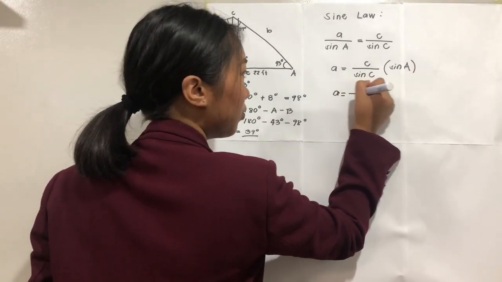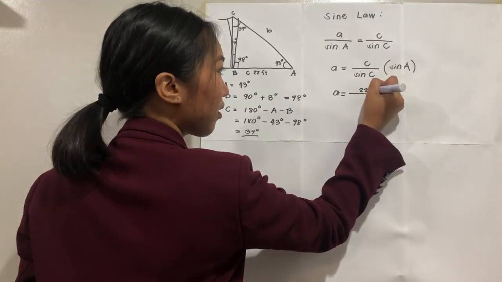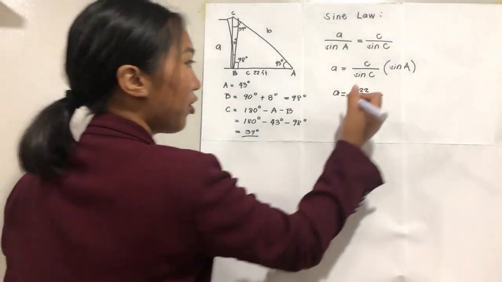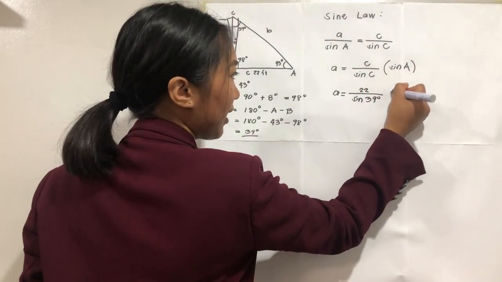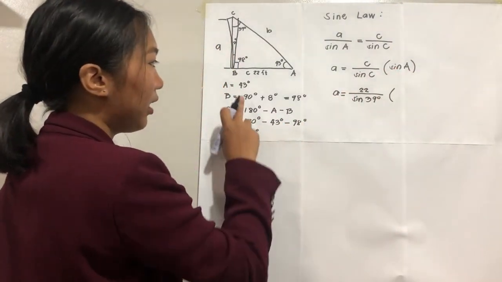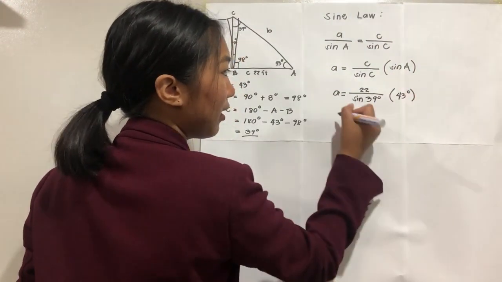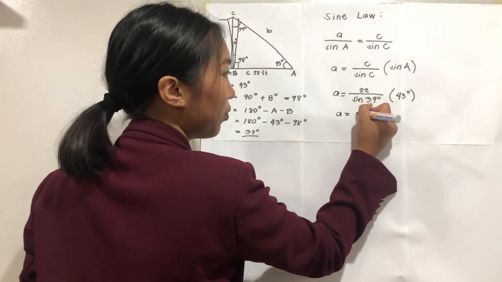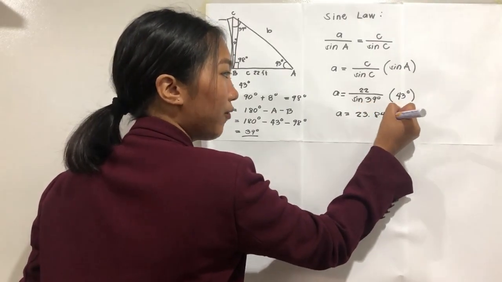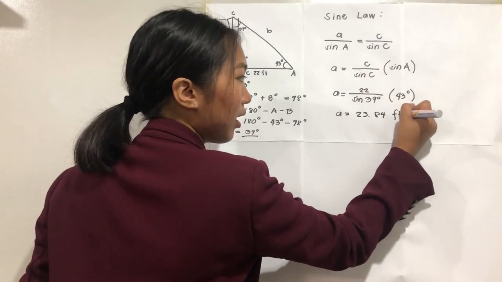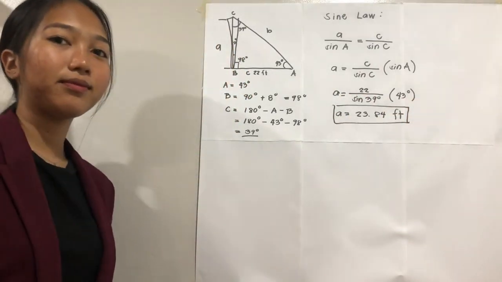A is equal to, the C is 22 feet, and the sine C is 39 degrees, times sine A, angle A is 43 degrees, and A is equal to 23.84 feet. And this is the height of the pole.